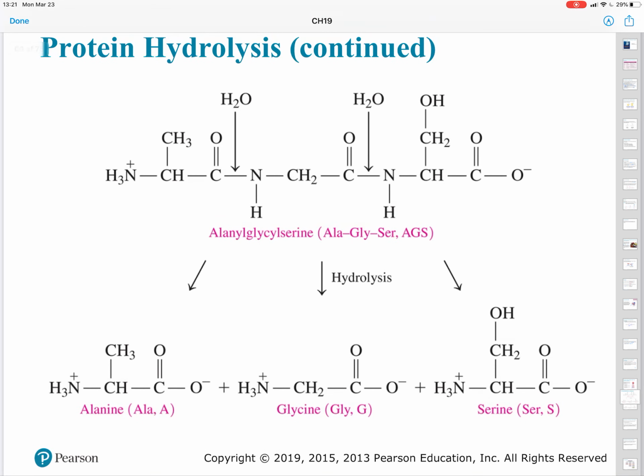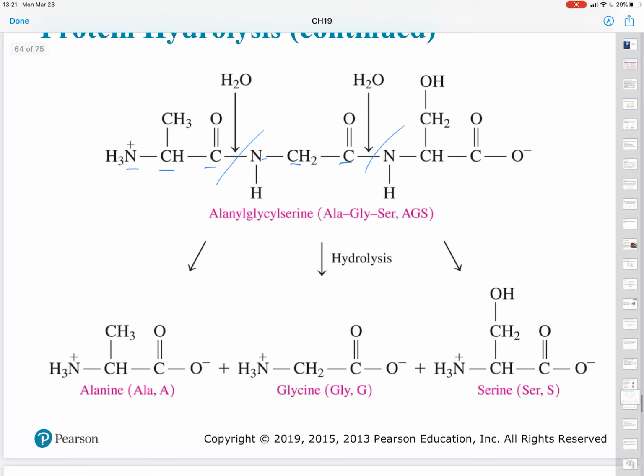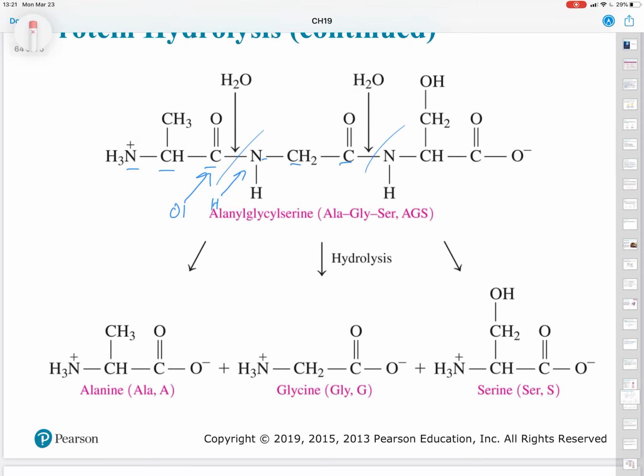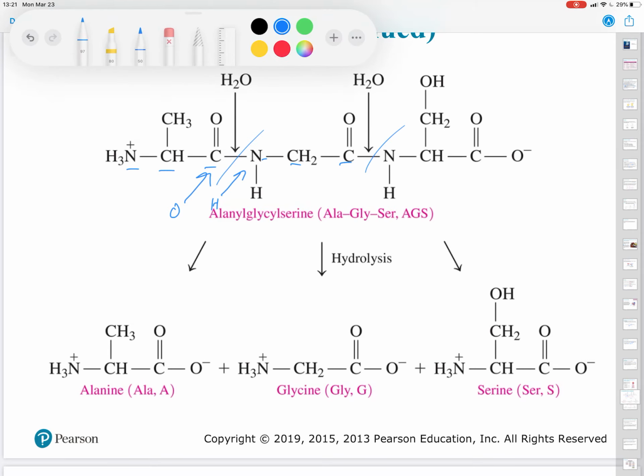So here is a peptide, a tripeptide, NCC, NCC, NCC cut, NCC cut, right? Water gets put back in, by the way. So on this C, we're going to get our OH, and then on this N, we're going to get our H. Now, because at physiological pH, this guy is going to lose its H. It will have a charge.